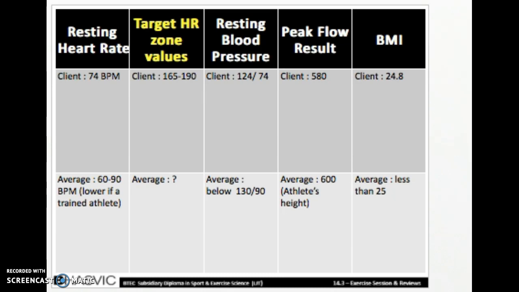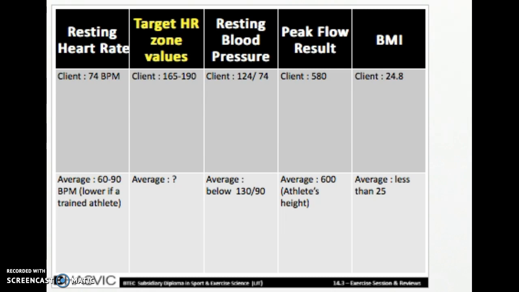The client is 16, therefore his target heart rate zone for anaerobic exercise is between 165 and 190, indicating that the client will be working at about 70 to 90% of his heart rate max. His resting blood pressure was 124/74, and the average is below 130/90, indicating that the client is healthy.